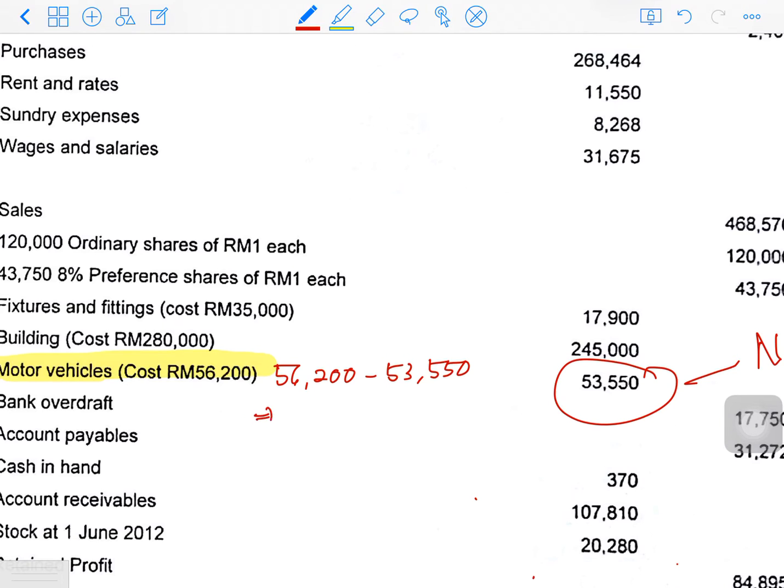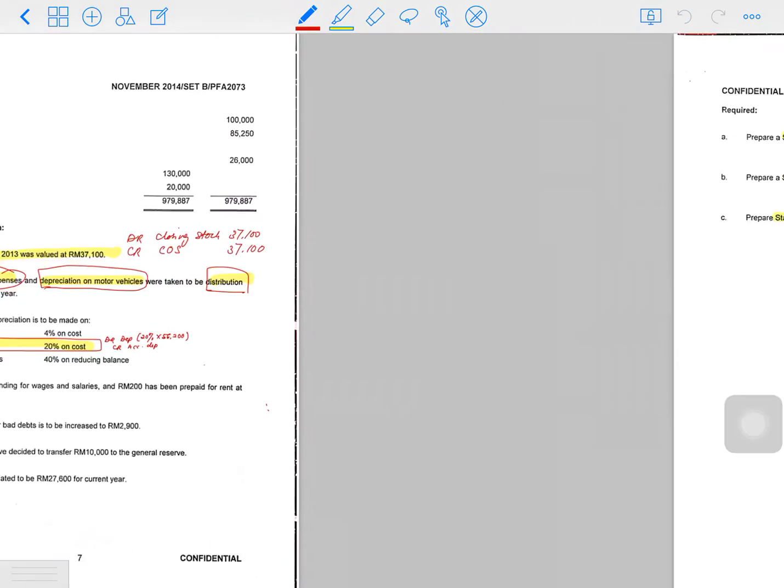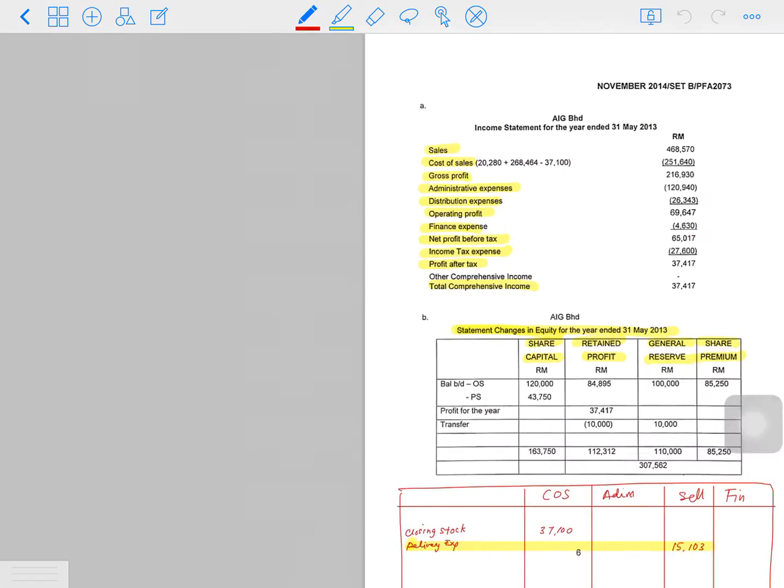That will give you your accumulated depreciation so far. 56,200 minus 53,550 is 2,650. So your accumulated depreciation is actually 2,650.